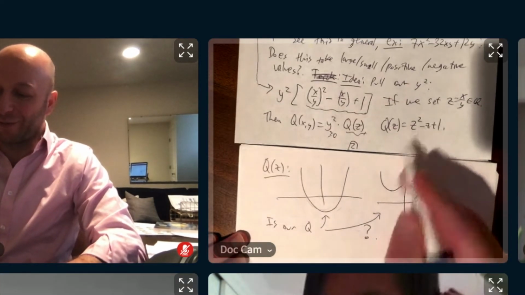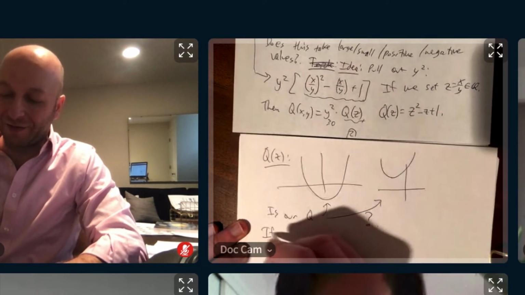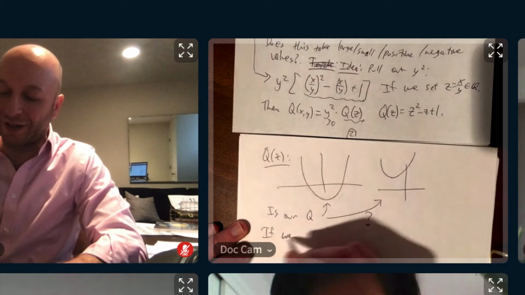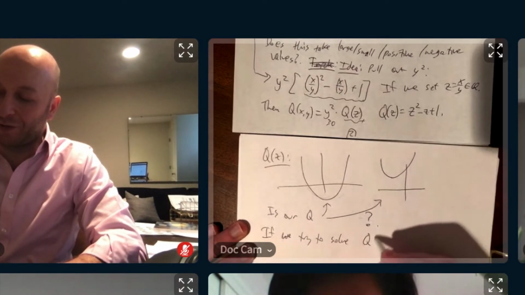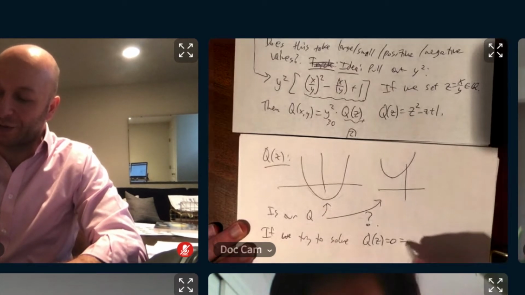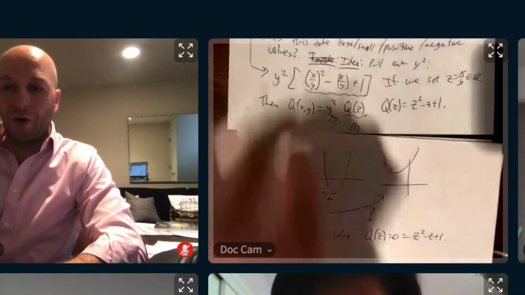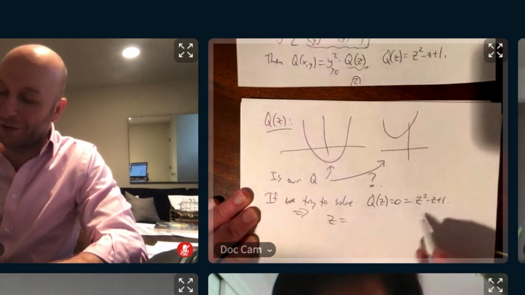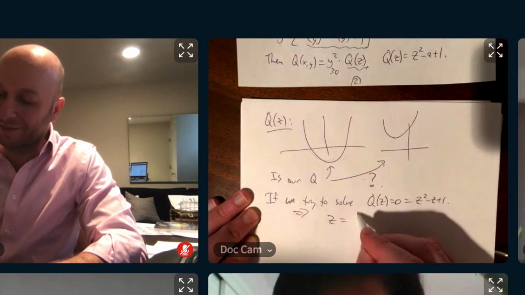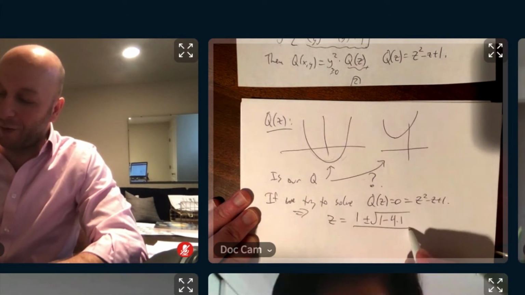So let's use all of the ideas that you guys put in there. If we try to solve q equals 0, so in this case z squared minus z plus 1, we can always solve it by the quadratic formula. That means z is equal to negative b plus or minus square root of b squared minus 4ac over 2a.